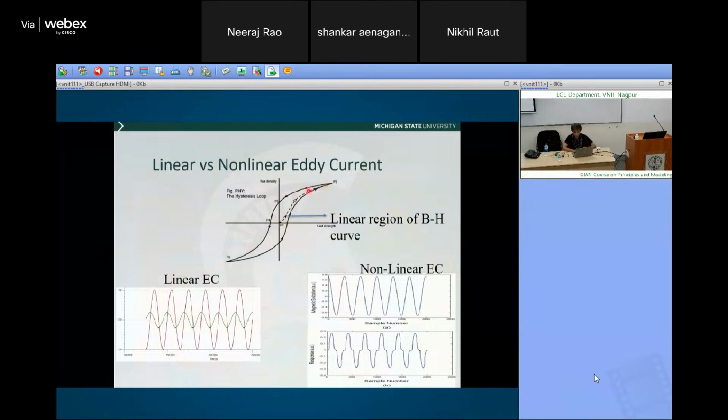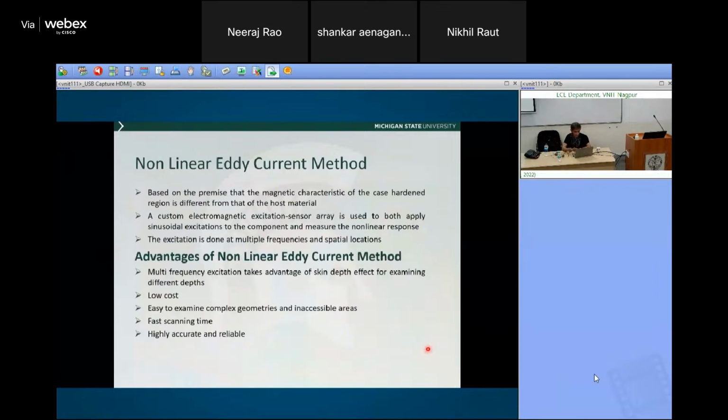Basically, you're operating in the nonlinear region. So my received signal, because it's a nonlinear method, will have some harmonics. So the received signal looks like this. And we take features from the harmonics and determine the case hardening depth. So that's the nonlinear eddy current.